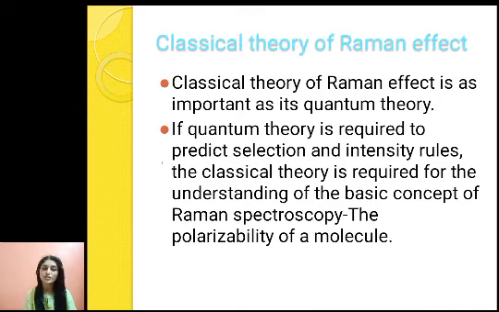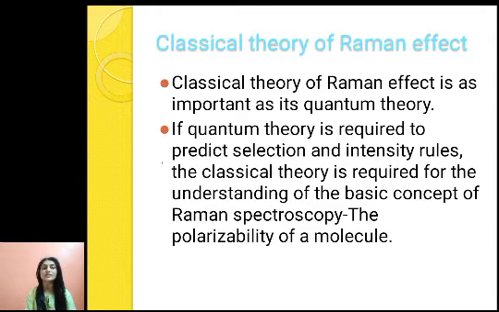In the last lecture we studied about the quantum theory. So why do we need quantum theory and why do we need classical theory for Raman effect? Quantum theory is required for predicting selection rules and intensity rules.